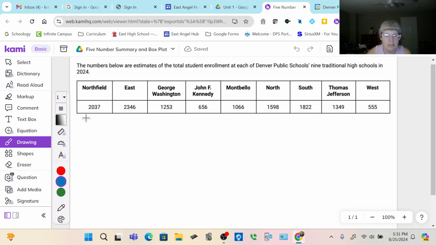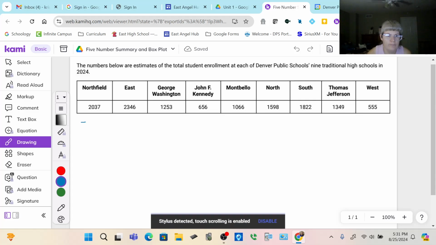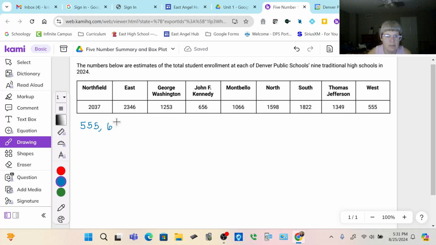So the smallest is 555, and then we have 656. Just going to put a dot in them as I do this, and then we have 1,066.